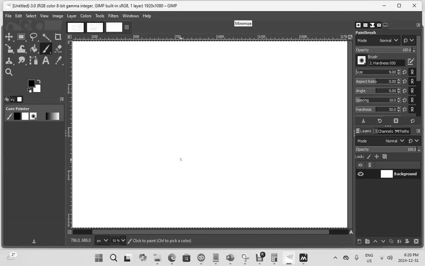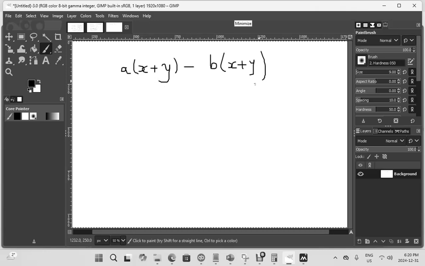So let's say this one is A times (x plus y) minus B times (x plus y). We know that the common factor is x plus y, which means x plus y goes outside the bracket.